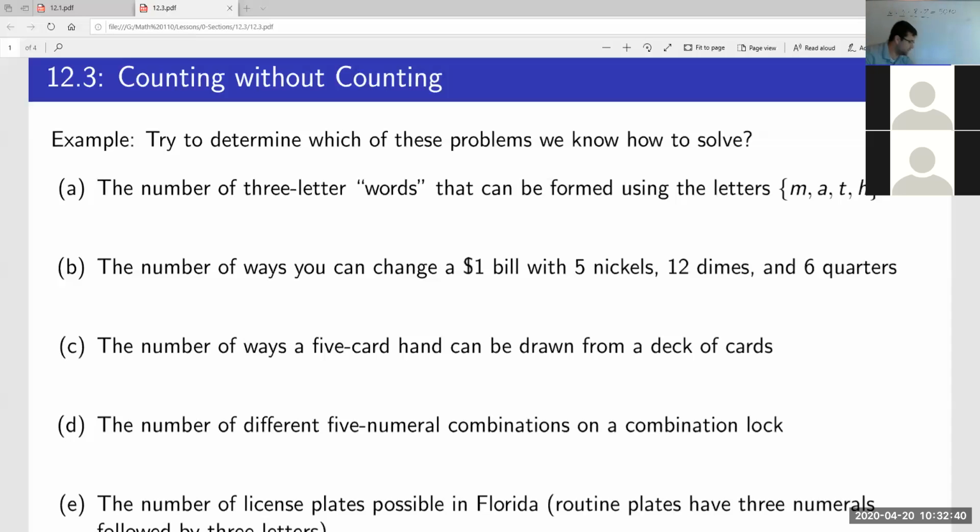So how many options do you have for the first one? 4.